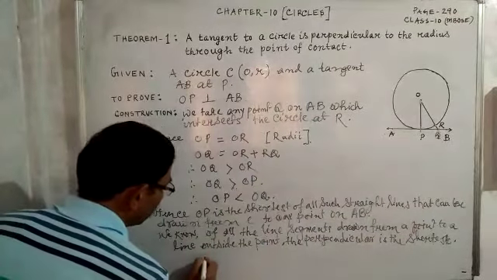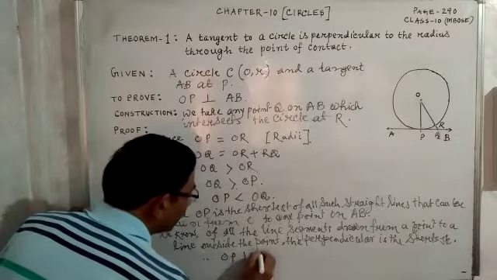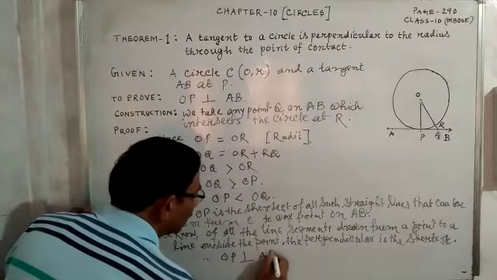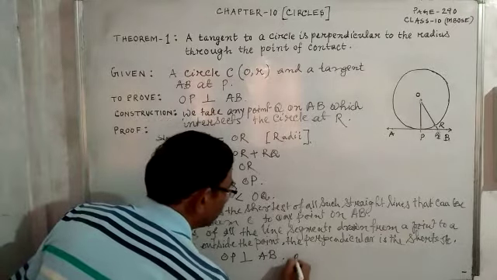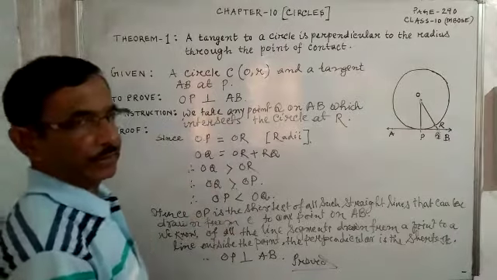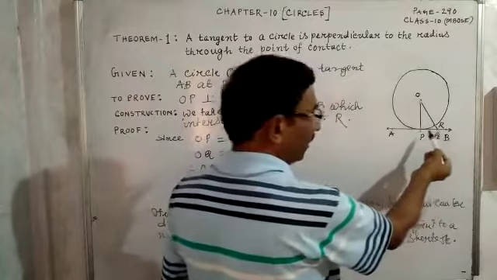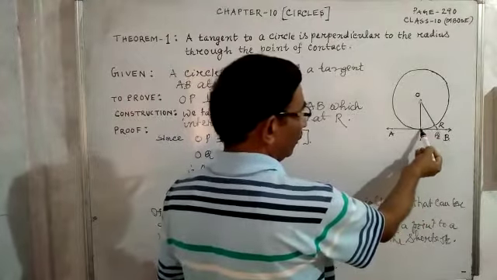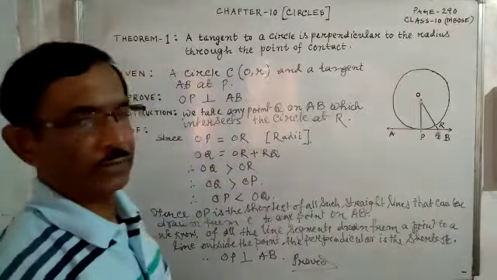So here we will write, therefore OP is perpendicular to AB. So we can write here approved, and we can conclude that the tangent at any point is perpendicular to the radius at the point of contact.